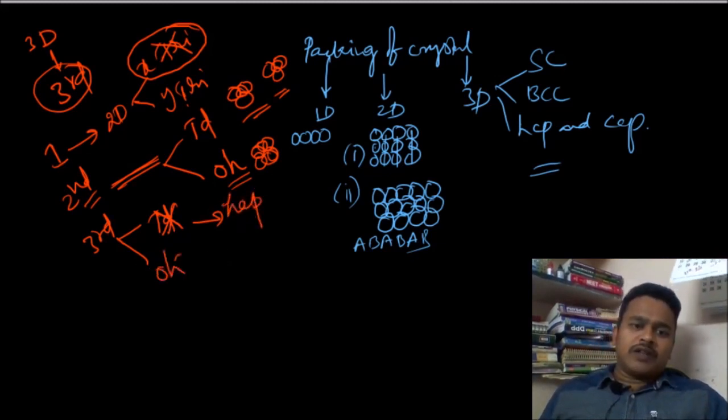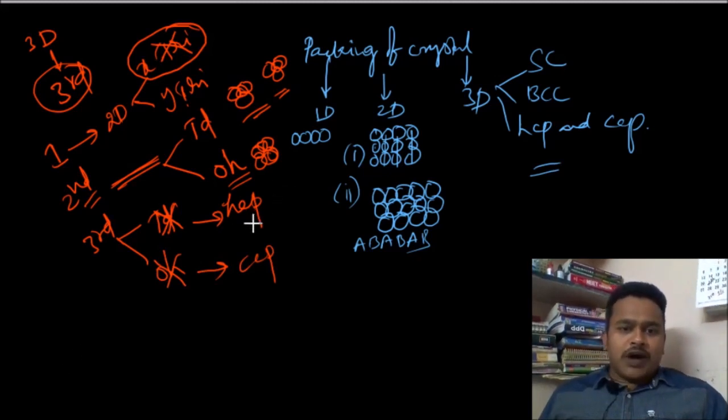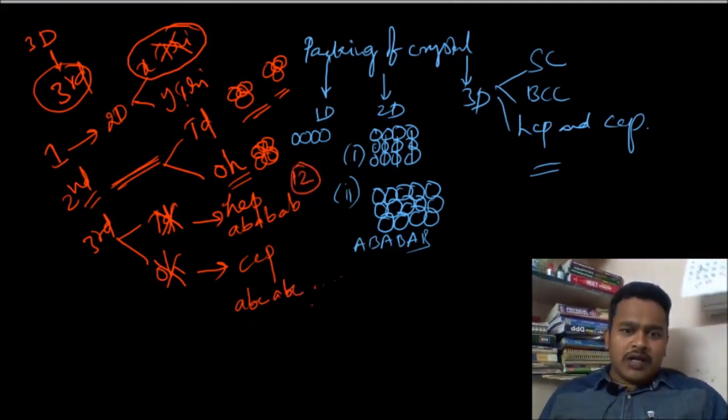If the third layer covers the octahedral voids, a CCP structure is going to form. HCP is also called AB arrangement. CCP is also called ABC arrangement. Here the coordination number is 12, and here also the coordination number is 12.